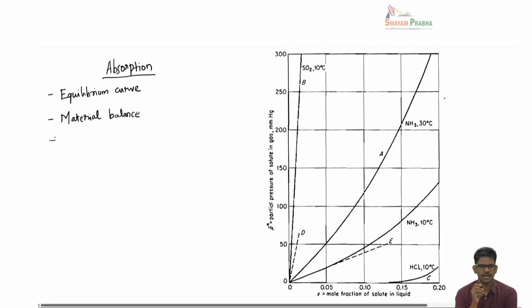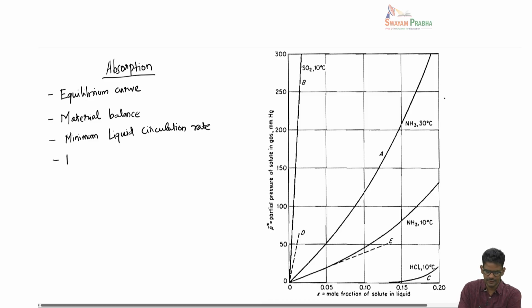We have done material balance for a generic two-phase system, but now we will apply this material balance for a gas liquid operation in the context of absorber and stripper. And thirdly, we will specifically discuss something called minimum liquid circulation rate. And finally, we will do an example problem.